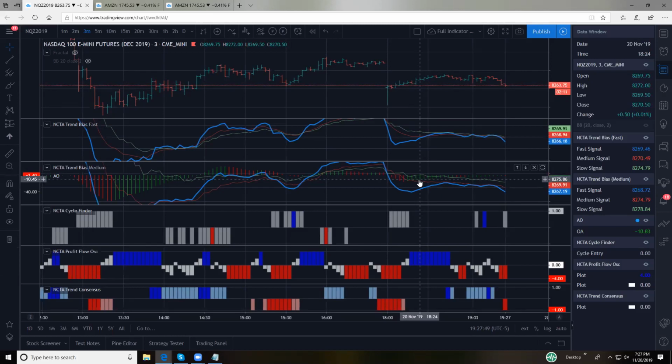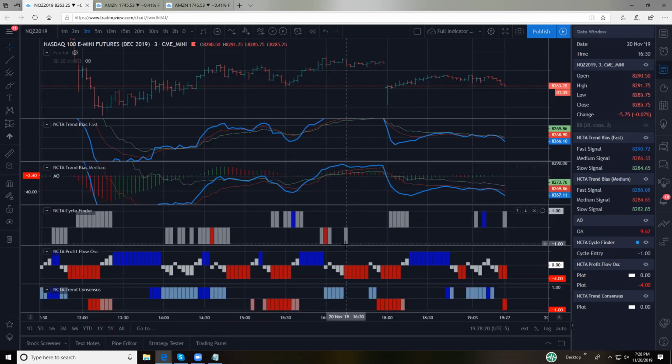Entry method B is when you have a profit flow oscillator print, and prior to that, there was a cycle finder that was aligned with your oscillator. So in this case, we had a red cycle finder. Then we had 1, 2, 3, 4 bars, and on the 5th bar later, it seems like a long time to wait, but we're going to be very patient as we wait for the right signals.